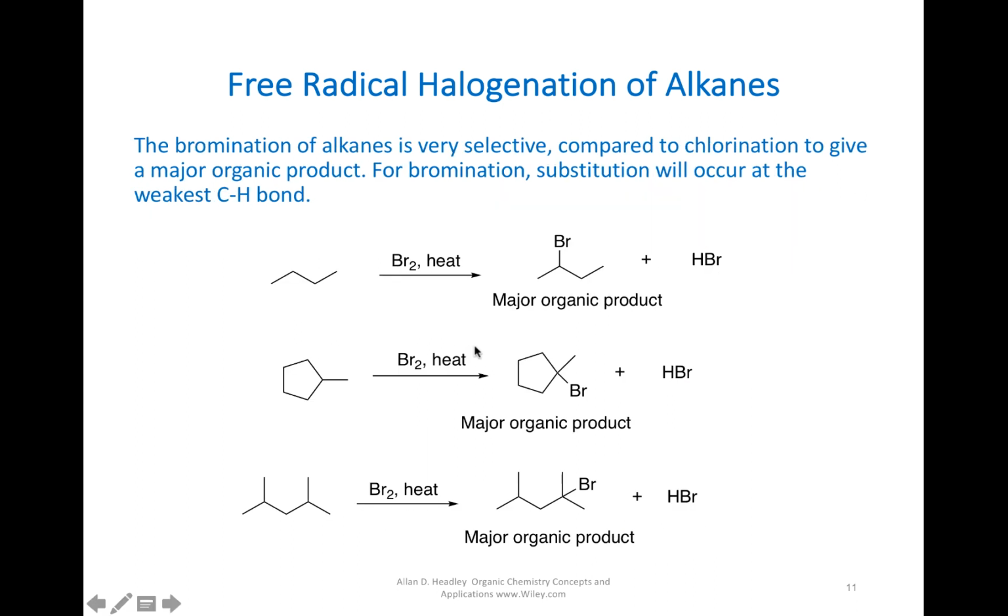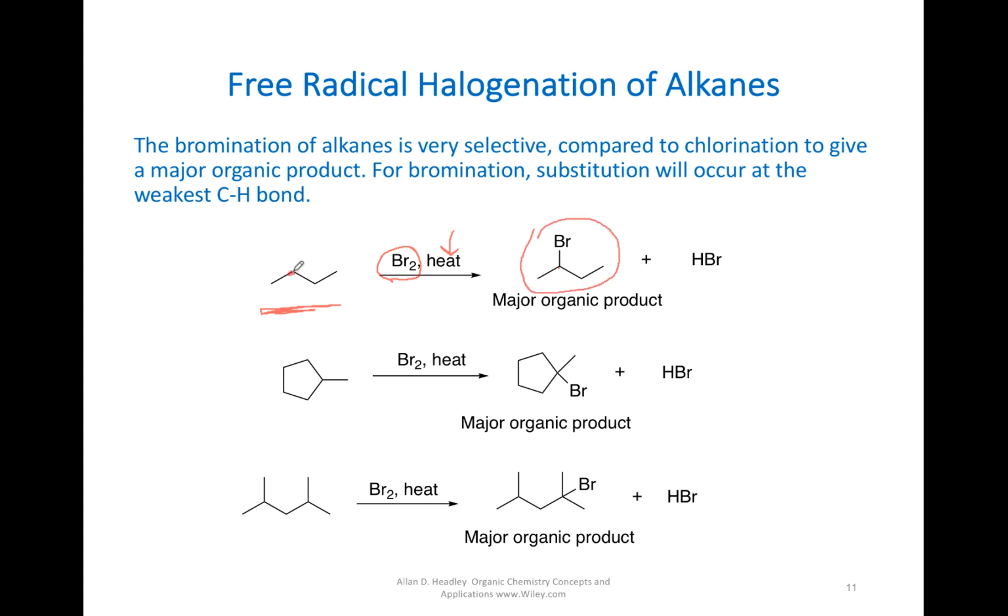So here is a summary of the concept we just covered. Here is butane again, and if you're asked to predict the major product, this time using bromine and heat as energy, of course we could use light if we wanted to, this is definitely the major product.